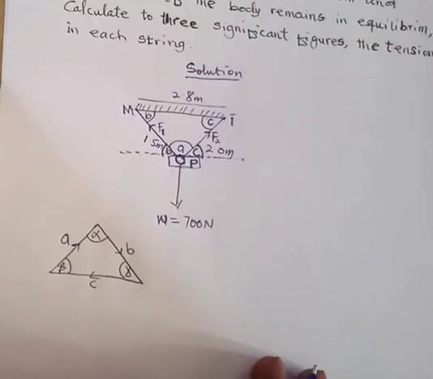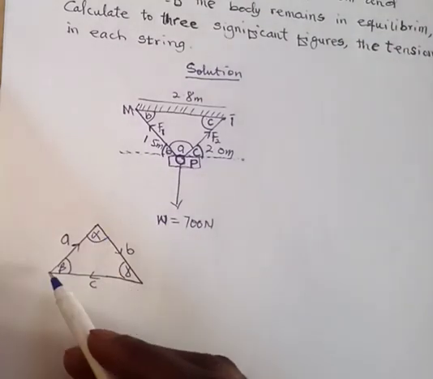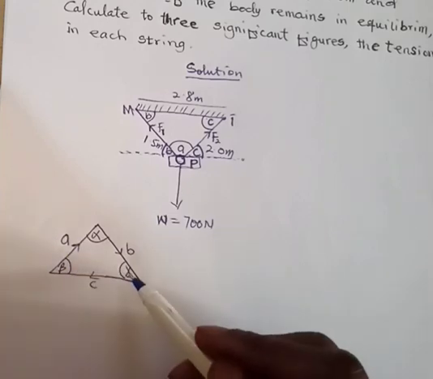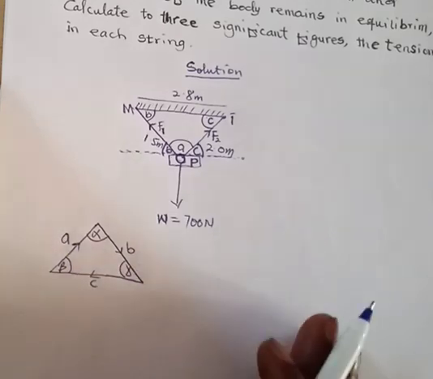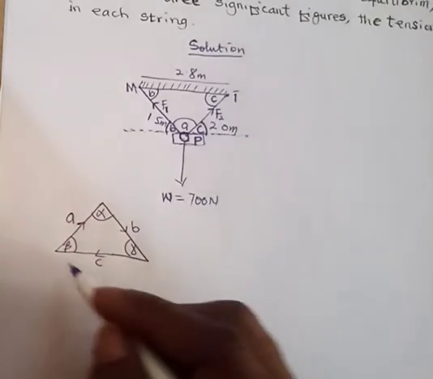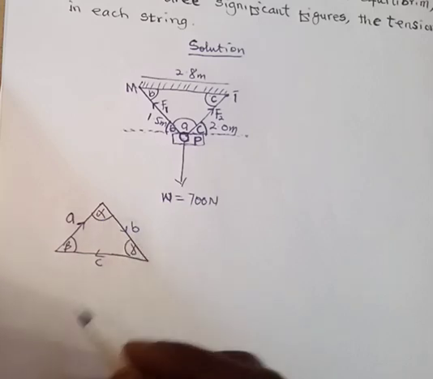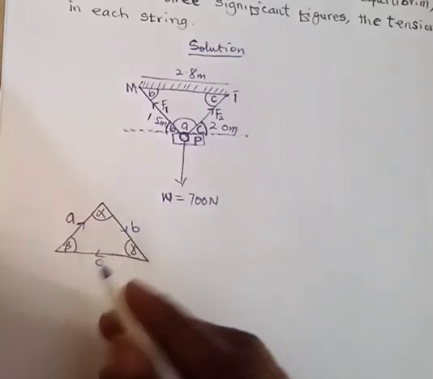If you have a triangle of forces like this, with three forces, we can use this cosine rule. To find the angles, this is how we go about it.